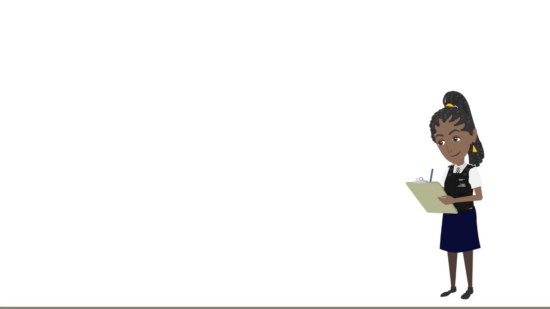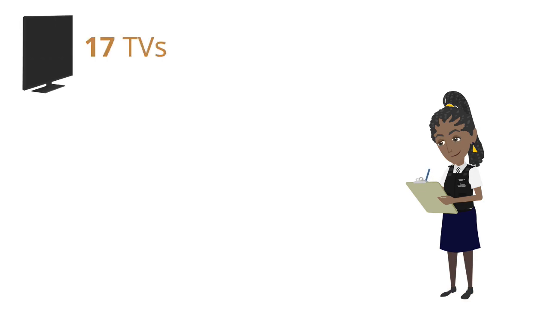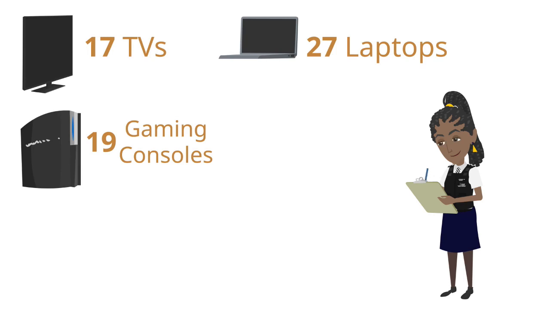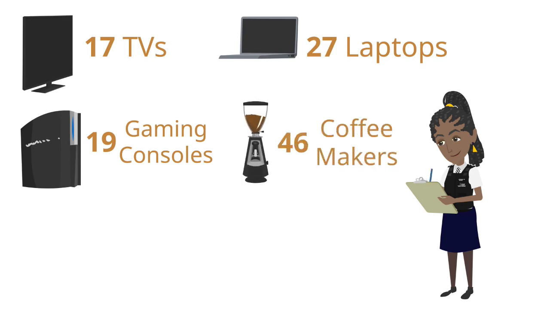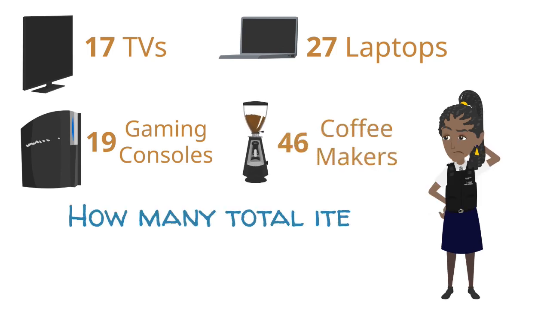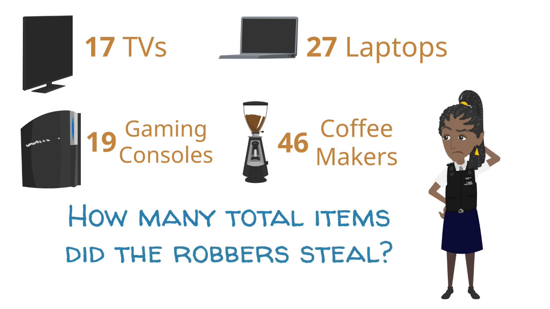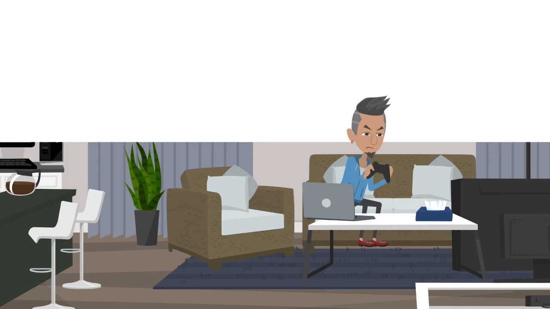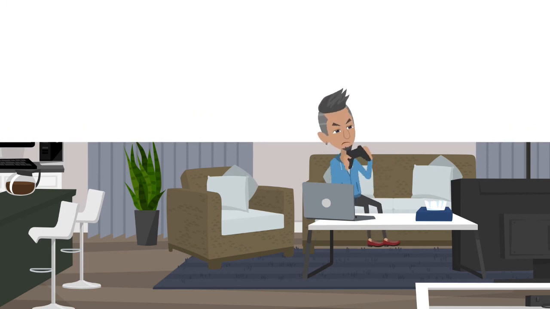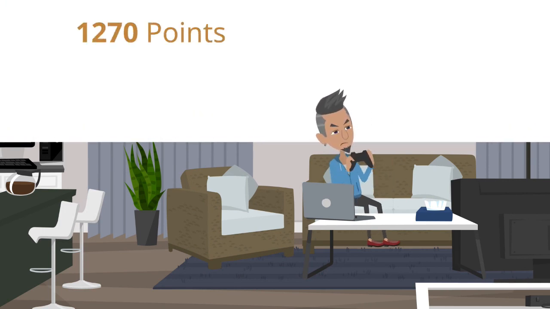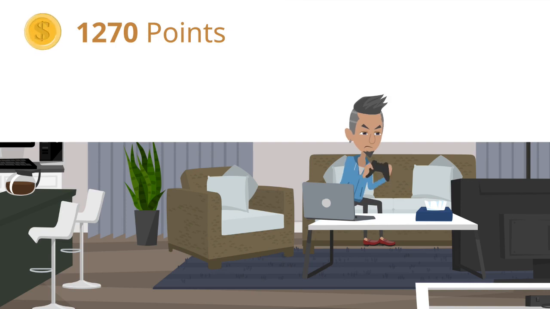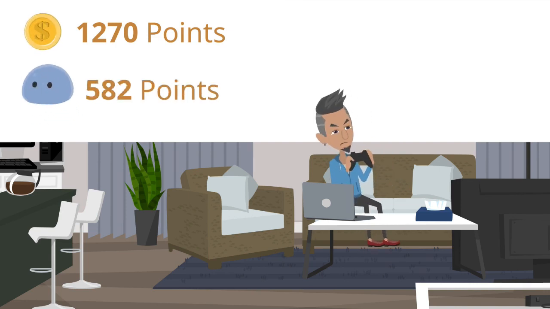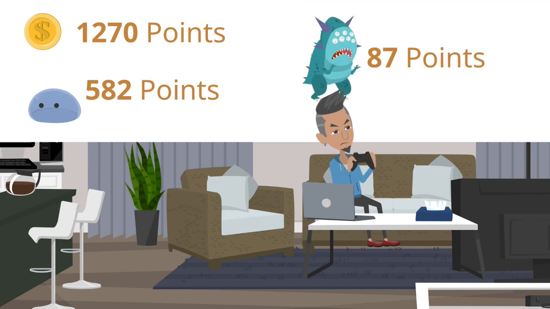The robbers stole 17 TVs, 27 laptops, 19 gaming consoles, and 46 coffee makers. How many total items did the robbers steal? Van is a video game producer. He has been working on a new level where you can earn 1,270 points from coins, 582 points from defeating monsters, and 87 points for defeating the boss.